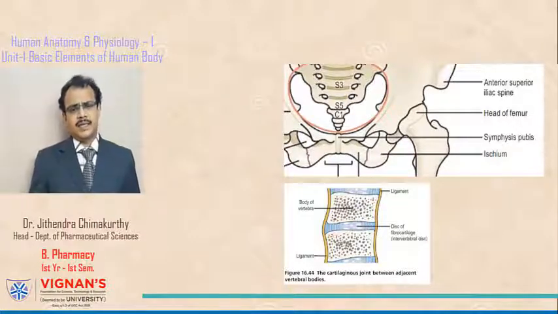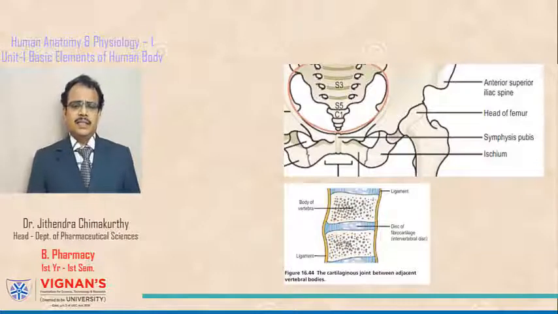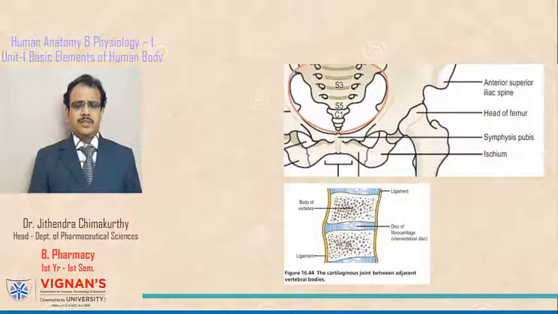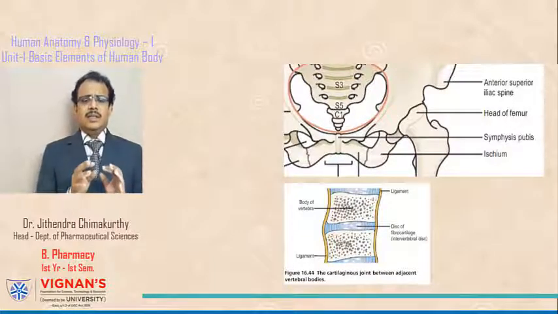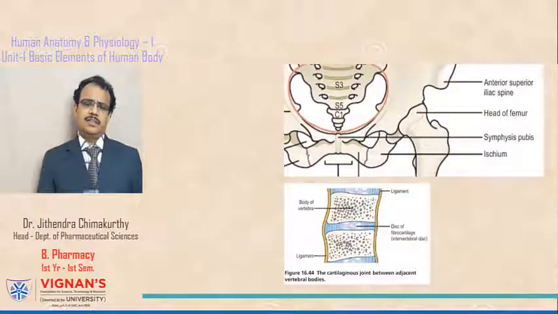Another example of cartilaginous joint is the symphysis pubis, where the pubis of two innominate bones join at this symphysis pubis with a cartilaginous joint, and this is slightly flexible.